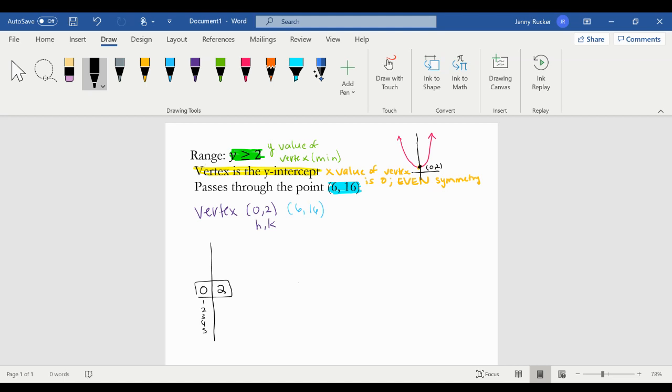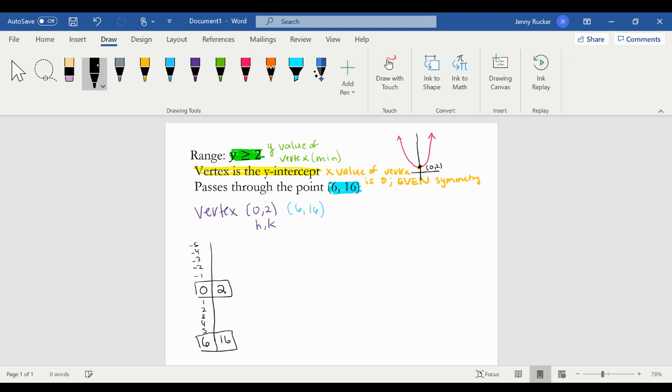So there must be symmetry around the vertex. I don't know the ordered pairs when x is 1, 2, 3, 4, or 5, but I do know at 6, the y value is 16. So I could use that to create another ordered pair. I could back up the table.